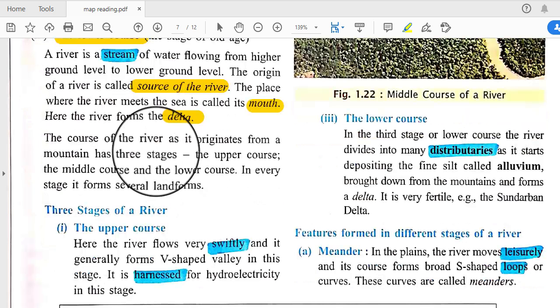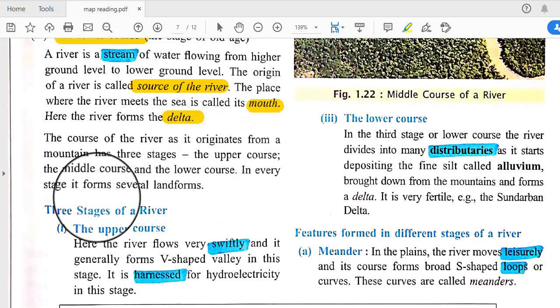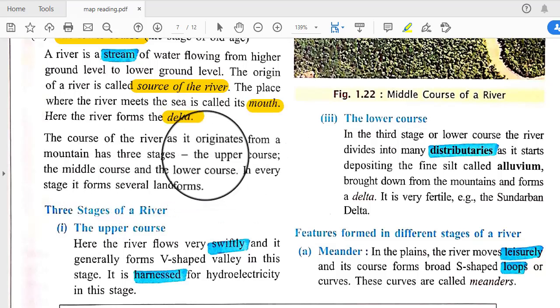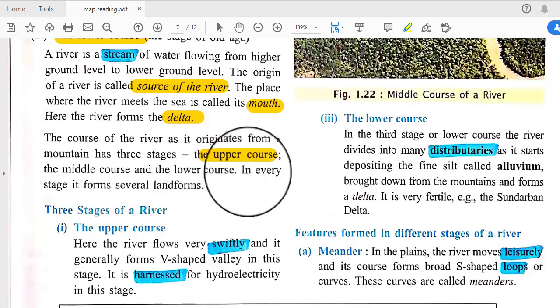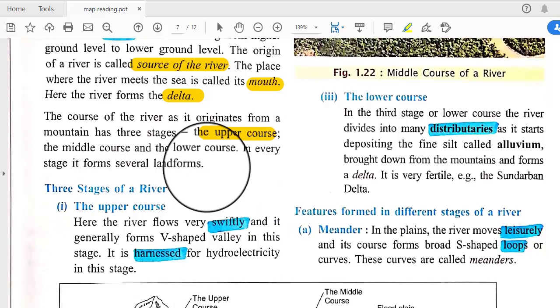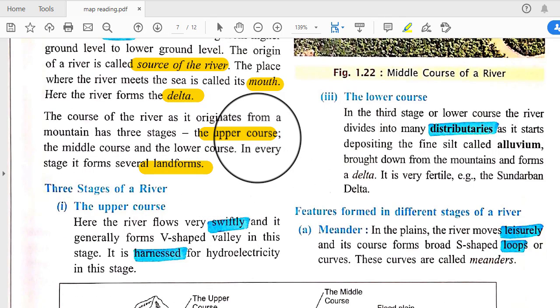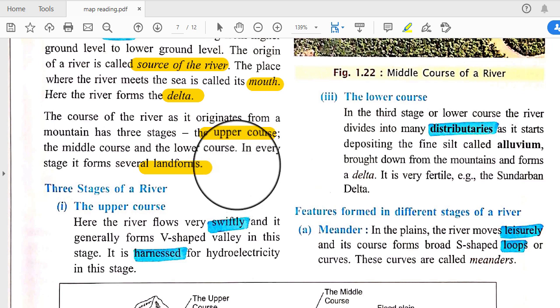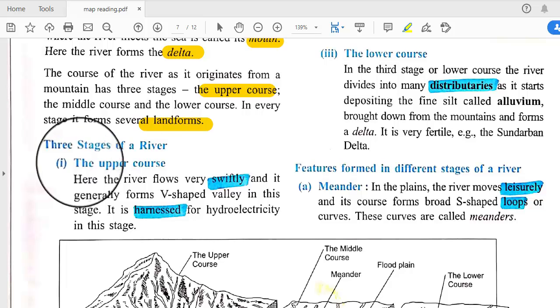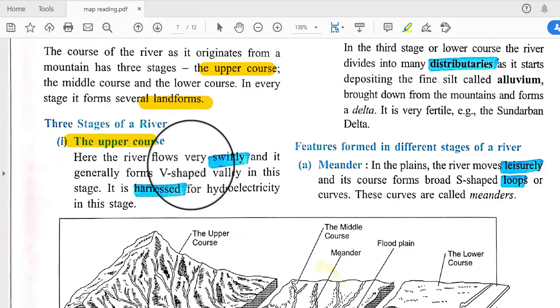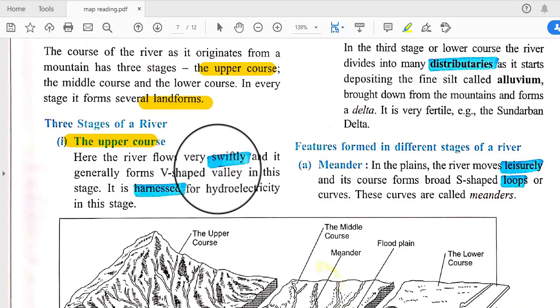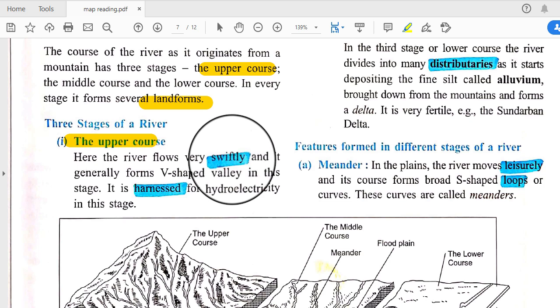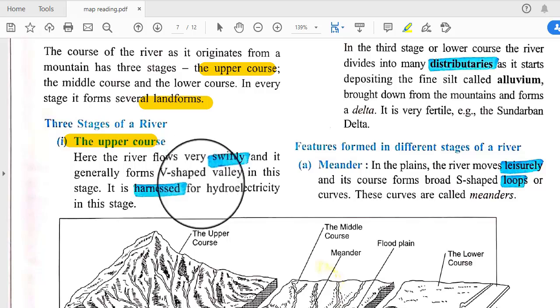The course of the river as it originates from a mountain has three stages: upper course, middle course and lower course, and in every stage it forms several landforms. In the upper course the river flows very swiftly, very speedily, and it generally forms a V-shaped valley.